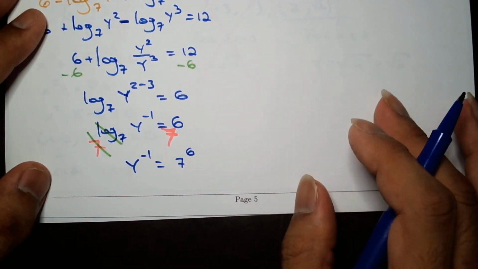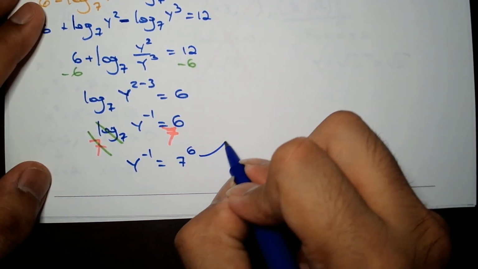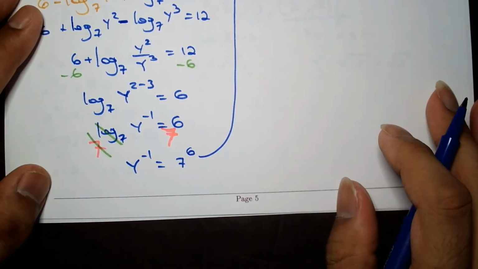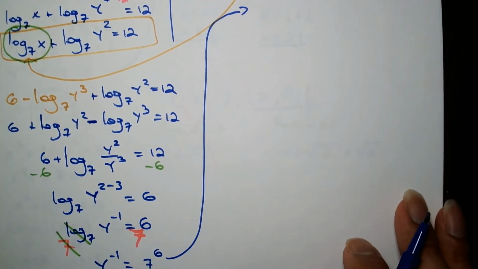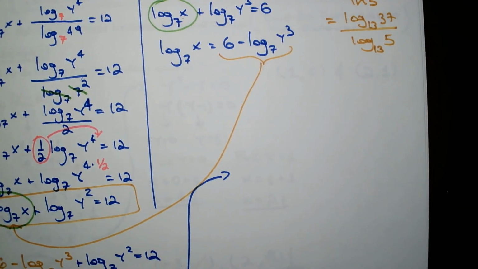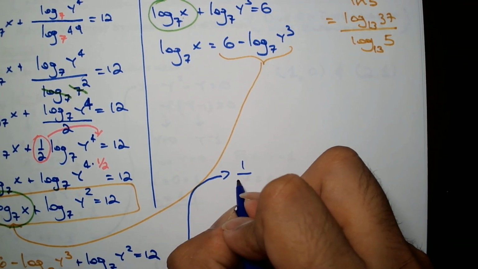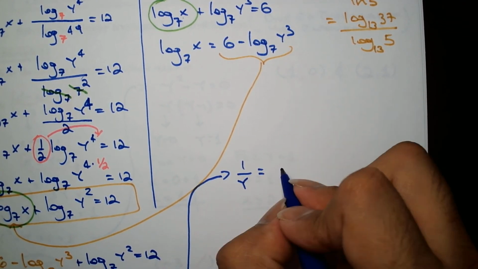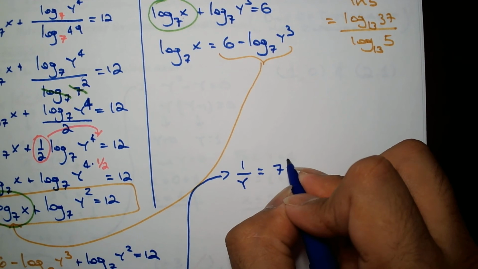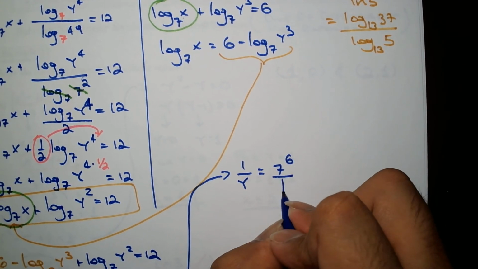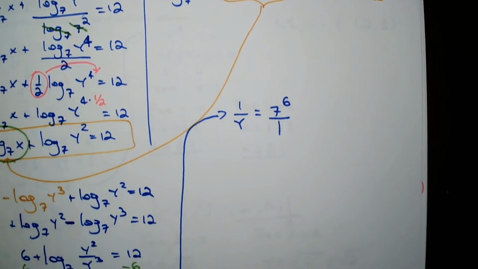What's the trick going to be here? Well, let me go up here. I know we're going all over the place. So this y to the negative 1 is the same as 1 over y to the 1st power equals 7 to the 6th power over 1.